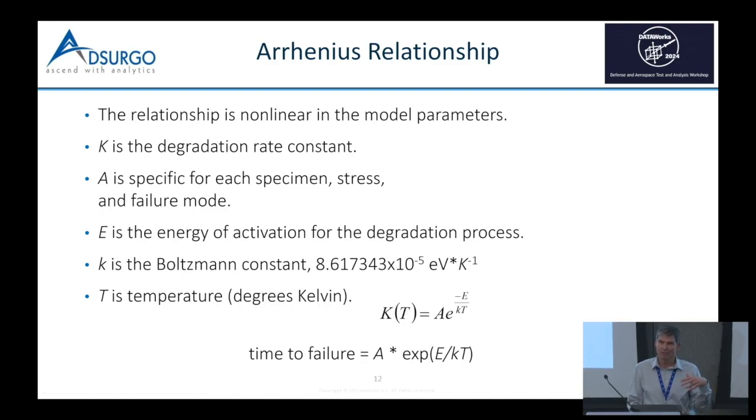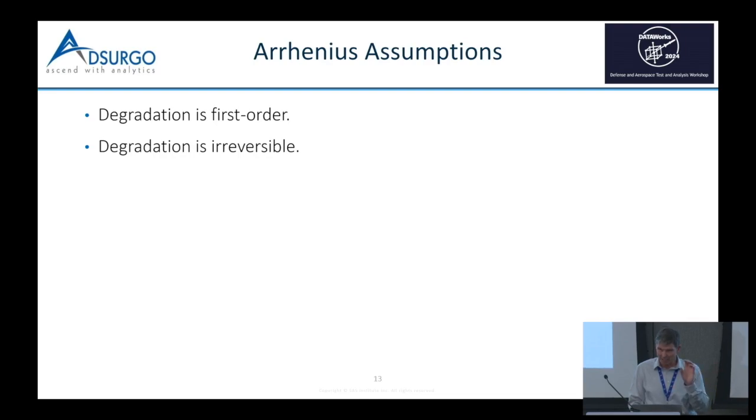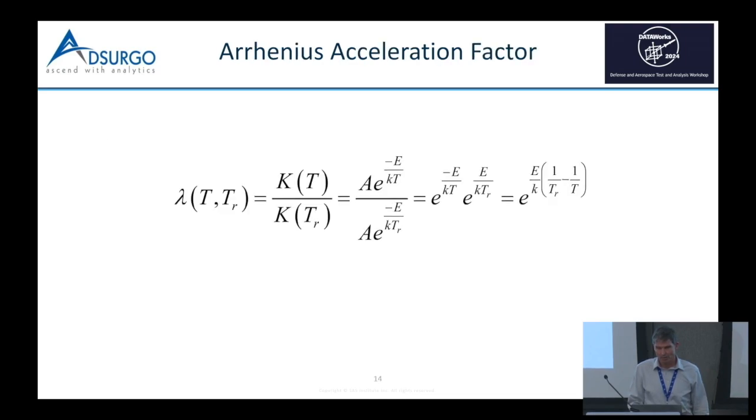The whole idea is we need to take advantage of this known relationship when we do our projection. So here's my Arrhenius acceleration factor. It's really just the ratio of your use-case temperature versus your accelerated temperature, and that ultimately comes out to this relationship right here.